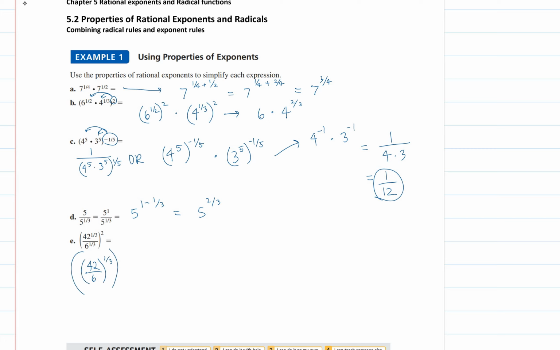And then all of that is being squared. If I work from the inside out to simplify, it becomes a little bit easier, because 42 divided by 6 is 7. And then we'd have 7 to the 1/3 squared, which would just be 7 to the 2/3.